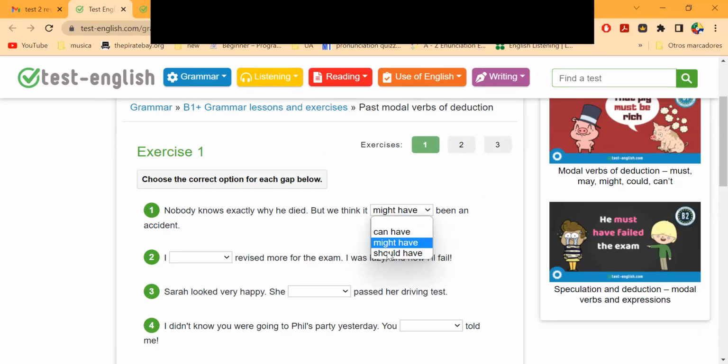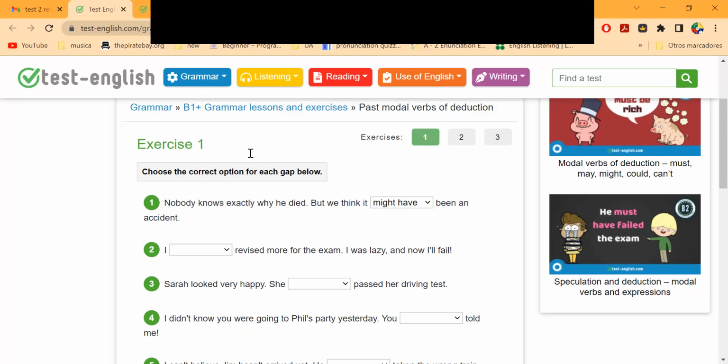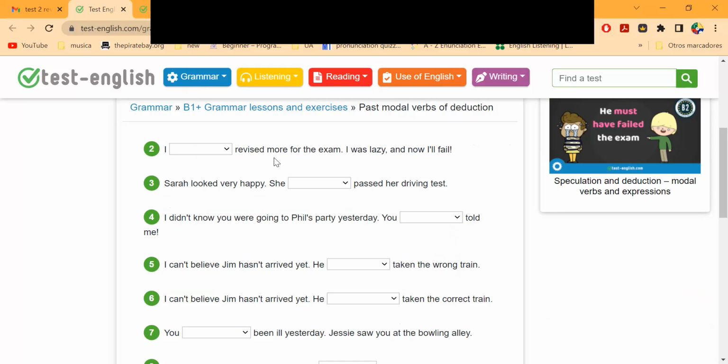Aparte que este es como para expresar algo más que un regret. No. Este está perfecto, ¿no es cierto? Porque el might indica una posibilidad chica. Y aquí esto lo denota muy bien, que hay una posibilidad chica. No puede haber sido el must have, pero no estaba en todo caso. Yeah. Anyway, I should have revised more for the exam. I was lazy. And now I will fail.